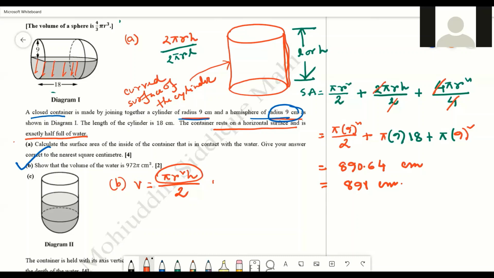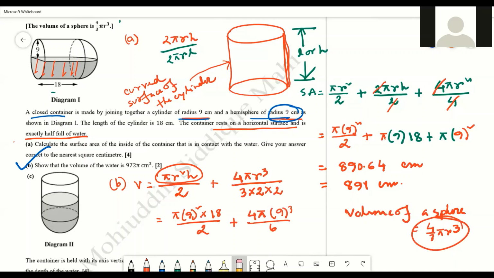And in the case of the hemisphere, what's the volume of a sphere? The volume of a sphere is 4 by 3 pi r cube. Now, what should be the volume of a hemisphere? Half of that, half of 4 by 3 pi r cube.